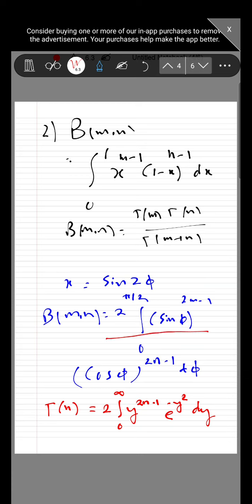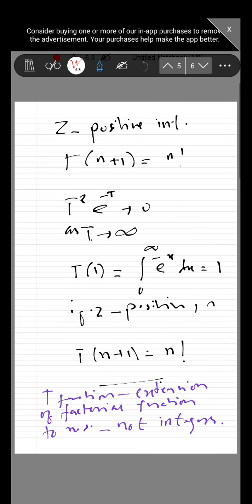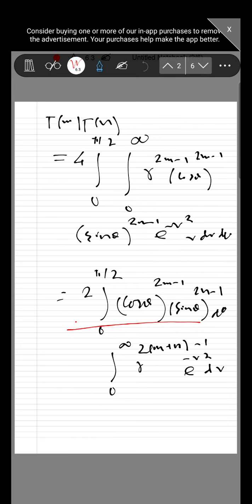You can see this relationship, this B(m,n), it is matching with this one.